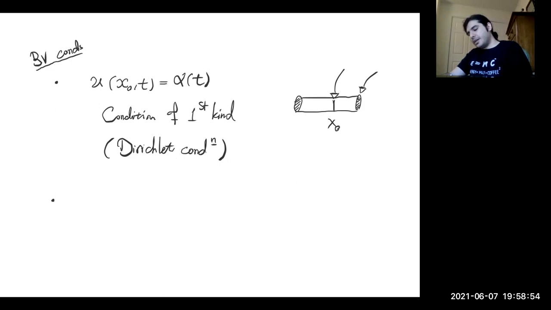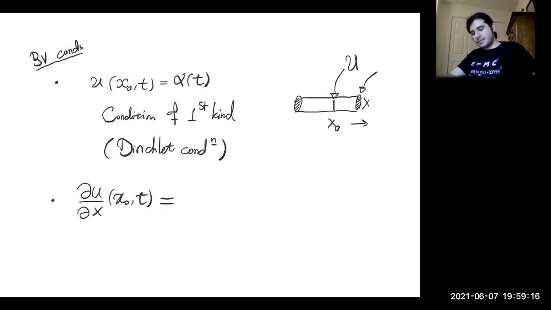If you connect this to something which is not conductive, the temperature wouldn't move from there anymore. So in another sense, if u was our function which shows the temperature, in the direction of x, you can require that the derivative of u with respect to x at that given point is fixed. For example, it's 0. Or if it changes, you can assume it changes in a given way. So we are assuming this is given with some function beta.